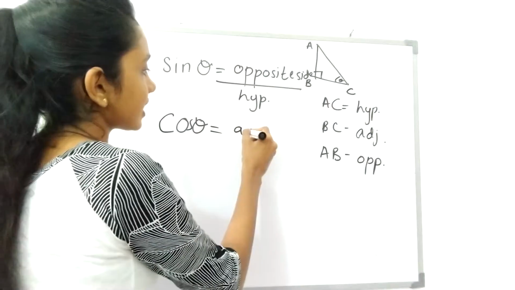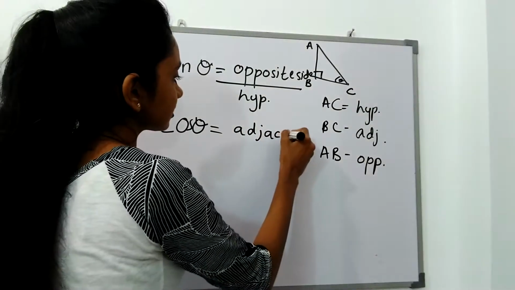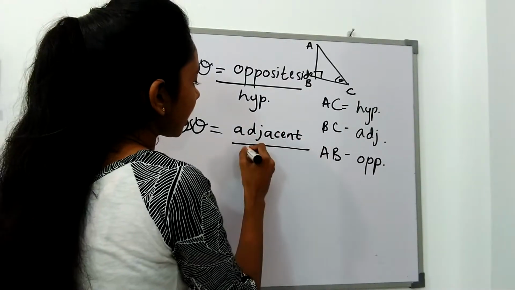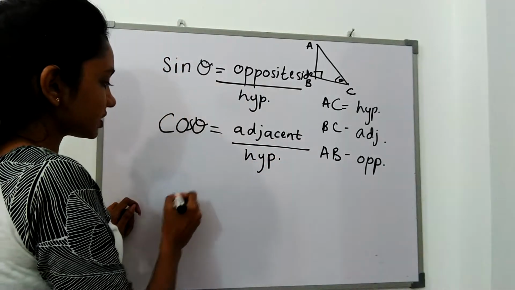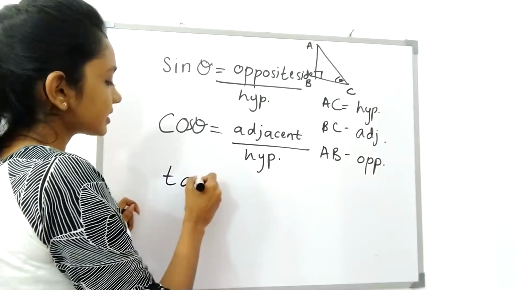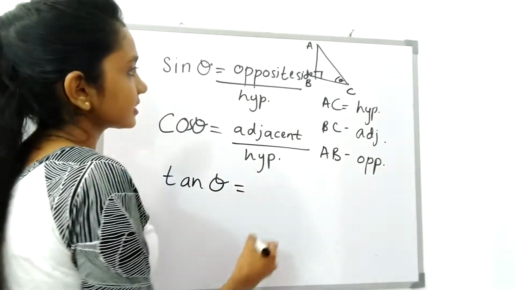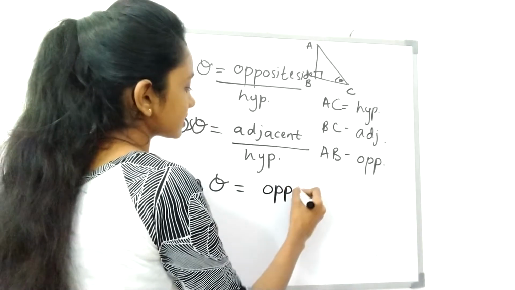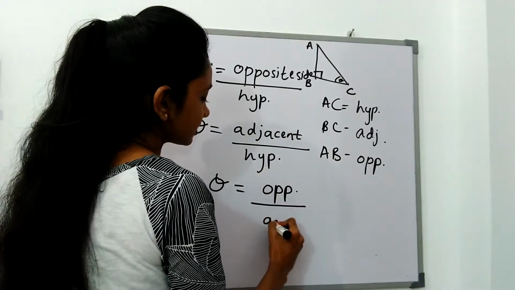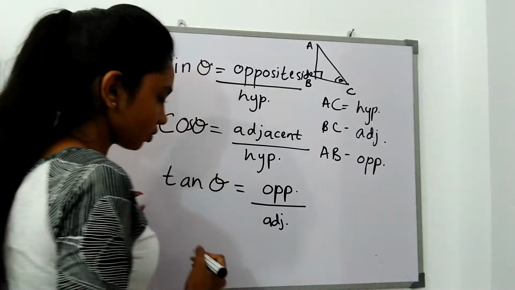That is adjacent side over hypotenuse. And there's another one, tangent. We are saying tan theta. Tan theta is equal to opposite side over adjacent side.